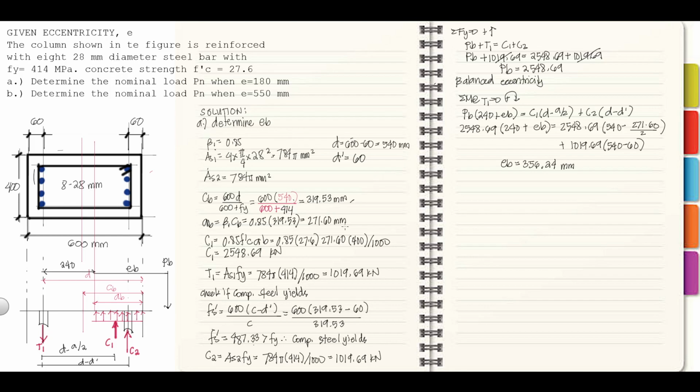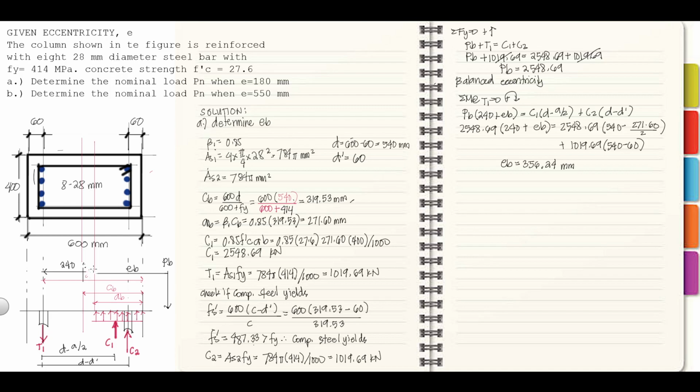After solving for PB, we can now get balance eccentricity. As you can see here, the figure sa baba, it is the same as figure 1. So we need to get the distance from the plastic centroid. So again, the plastic centroid here, class, no? So this is the plastic centroid. Diba nandito? So mali lang yung ano natin, no? So this is the plastic centroid here, gitna.